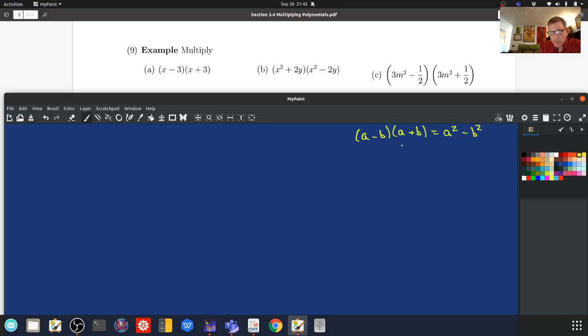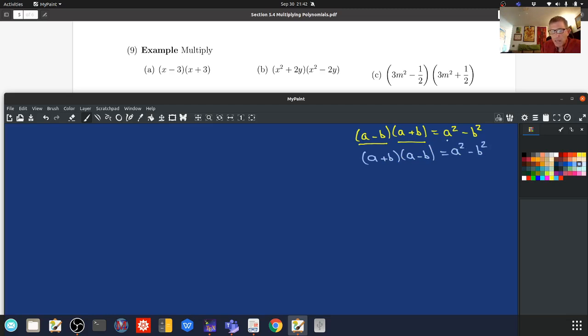Now notice it does not matter which order I put these in, because this is one factor times another factor. So the following is a completely equivalent formula. a plus b times a minus b is equal to a squared minus b squared.